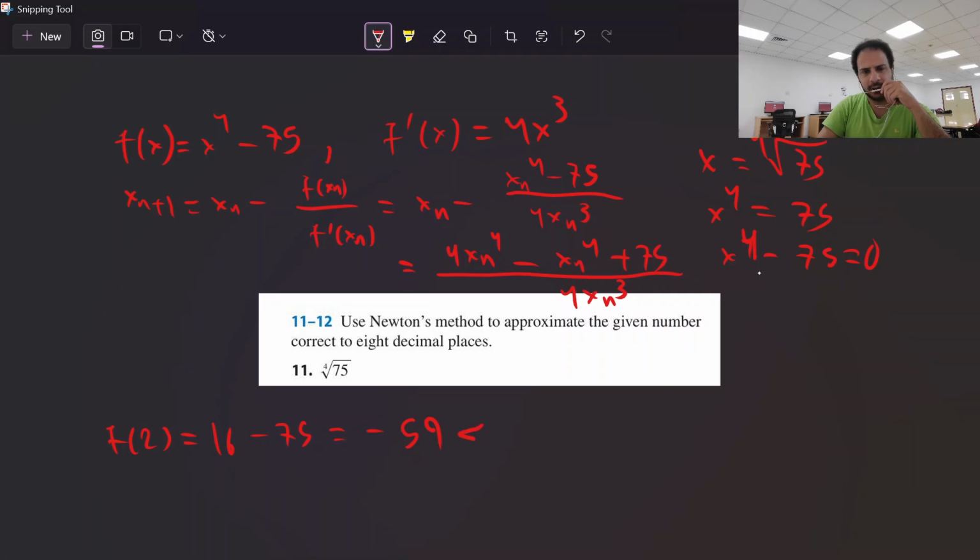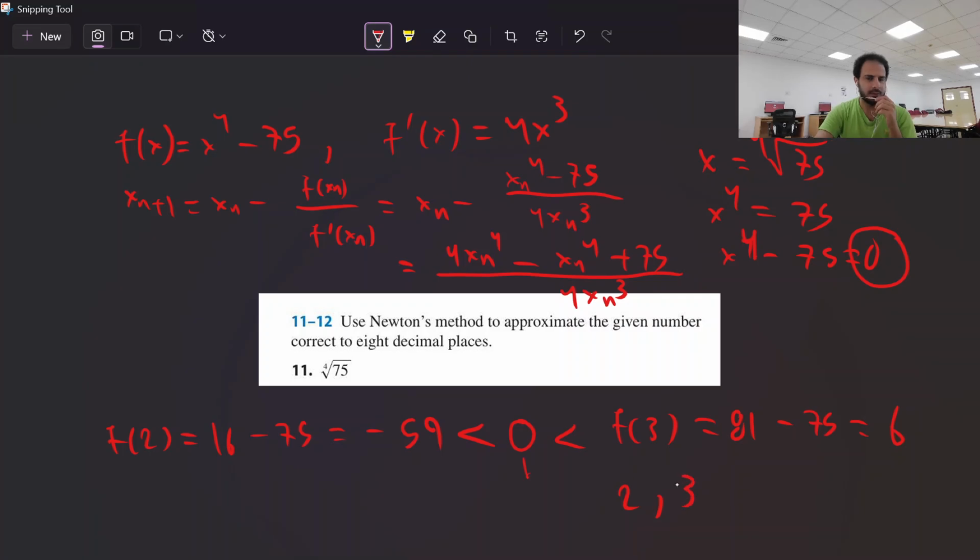This is less than 0, less than f of 3 equals 3 power 4 is 81, minus 75 equals 6, okay? Remember, I want the solution to be 0, right? X to 4 minus 75 equals 0, right? So 0 is between these. So my solution is between 2 and 3.